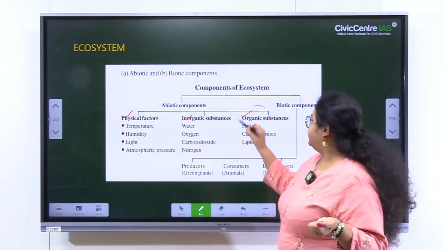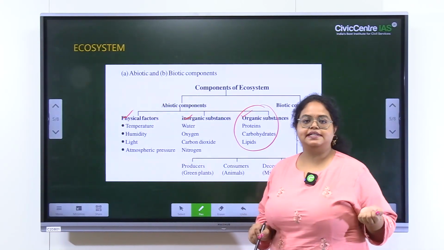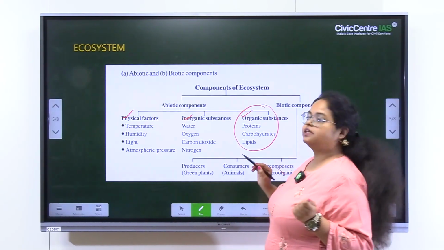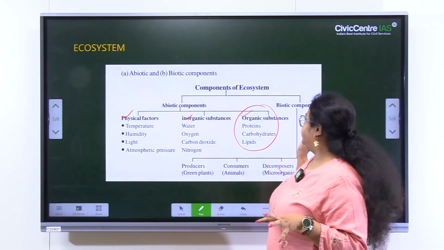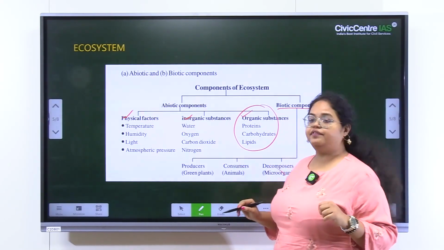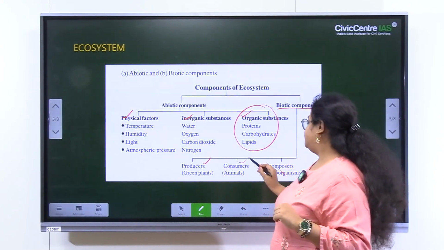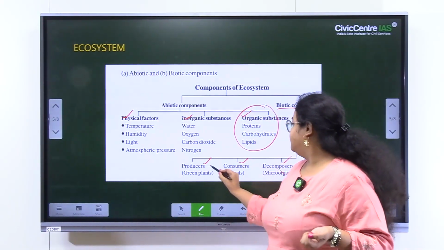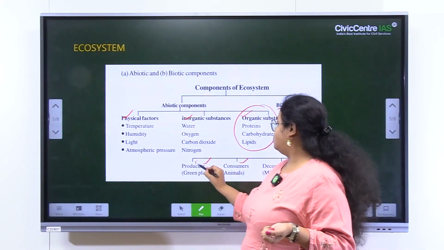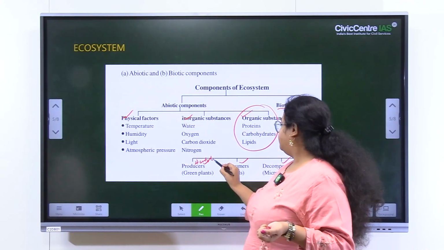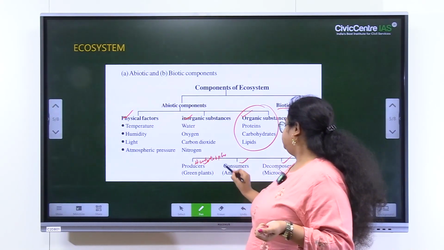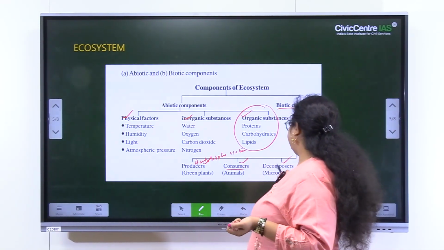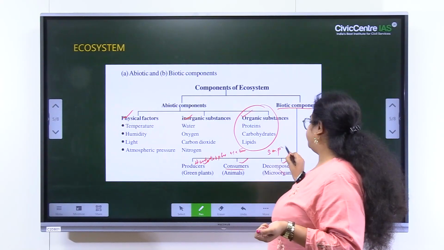These organic substances form the link between the abiotic and the biotic components. Biotic components are further divided into producers, consumers and decomposers. Here we need to understand the terms: producers, also known as autotrophs; consumers, that are heterotrophs; and decomposers, that are known as saprotrophs.